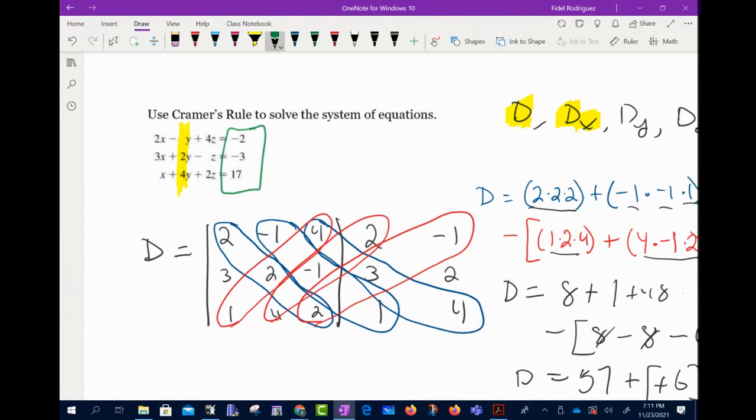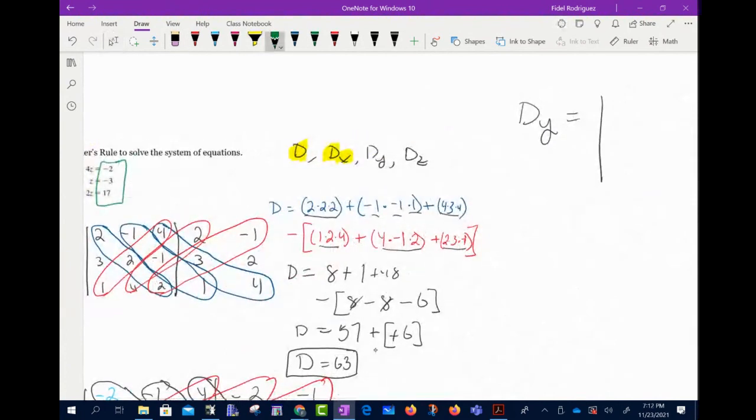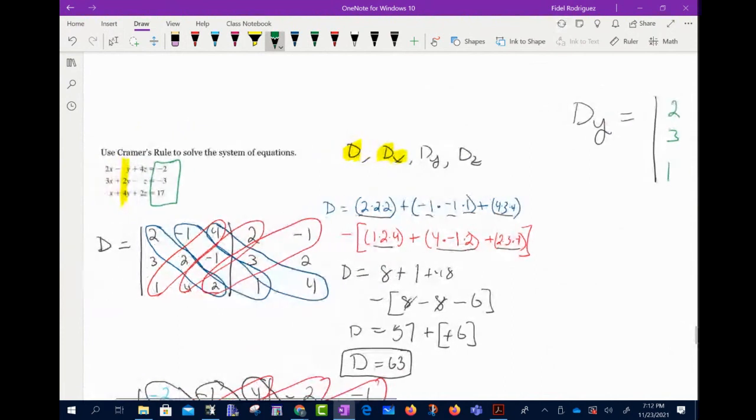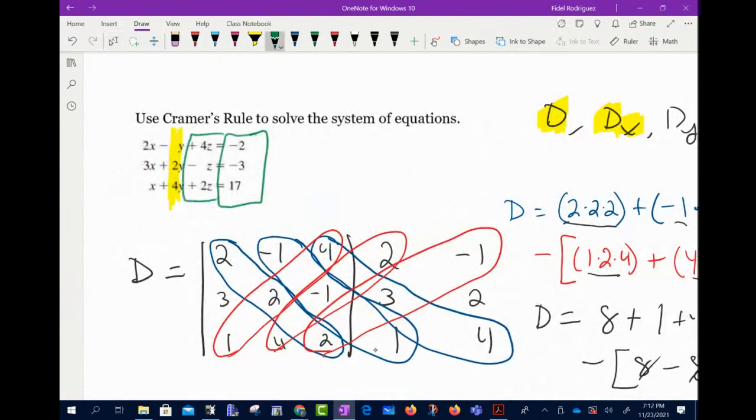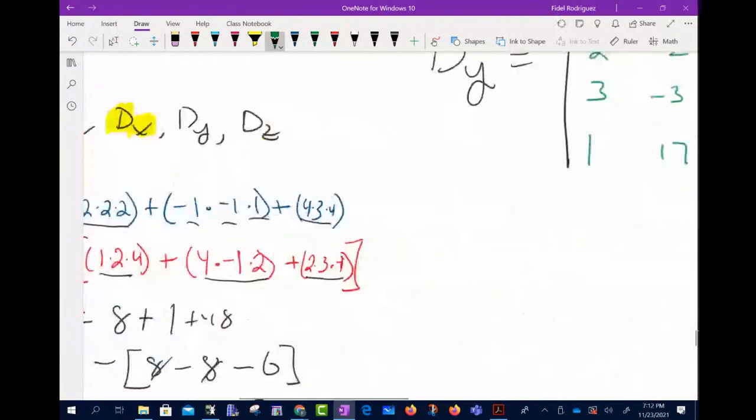So I'm going to just start copying my numbers. As I go down, I have 2, 3, 1. And then the second set of numbers is going to be -2, -3, and 17. And then my last numbers are the numbers that I have right here, which are 4, -1, and +2.